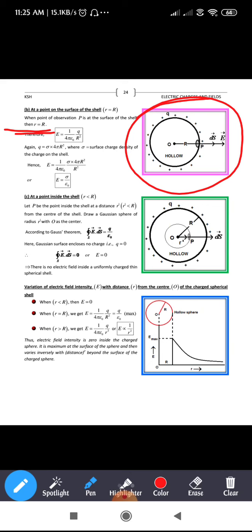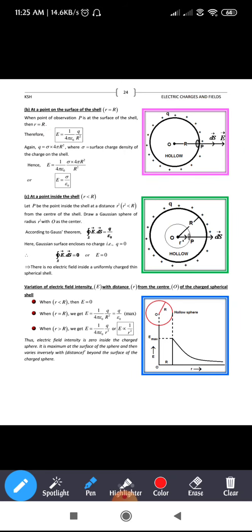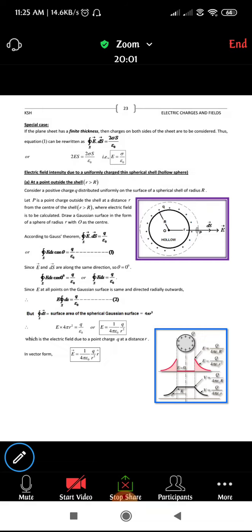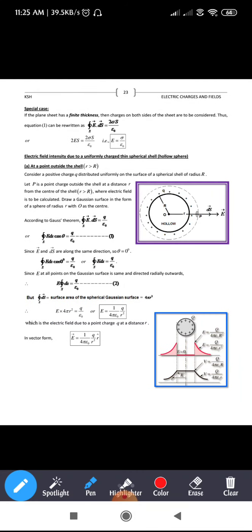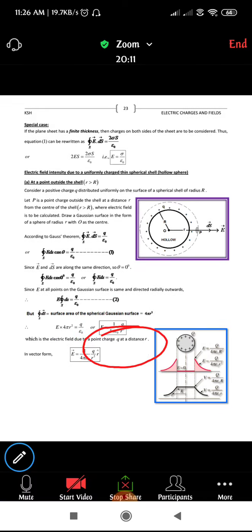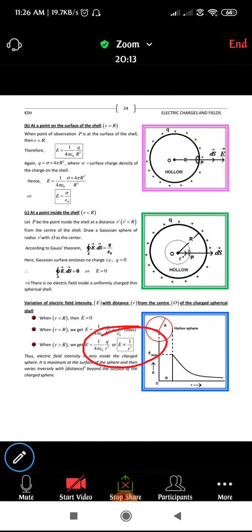The final expression is almost the same as what we studied in the last case. The only thing is we are going to replace small r squared by capital R squared. In the previous case, the expression was E equals 1 by 4 pi epsilon into q divided by r squared. That was the final expression of the previous case.